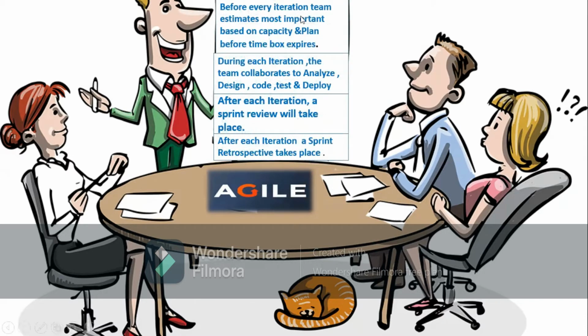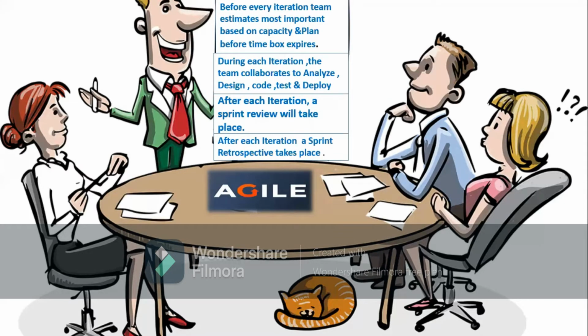And then he provides, according to the estimation, the importance of those requirements to be delivered to the development team. Each iteration is based on effort sizing, based on the capacity of the team, the size of the team I have, and the plan I'm going to follow with the team.